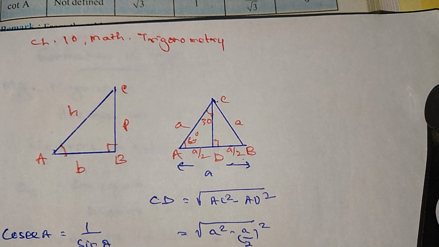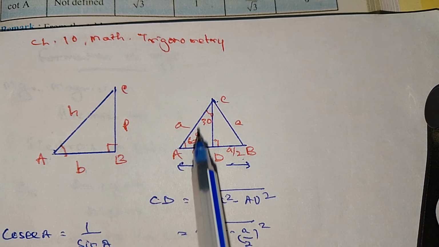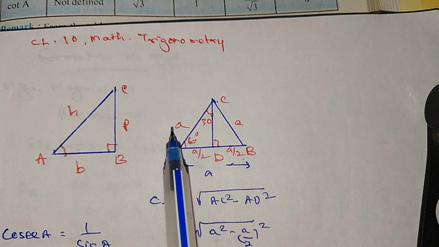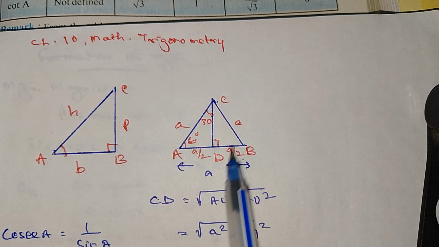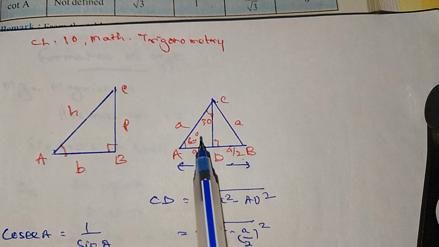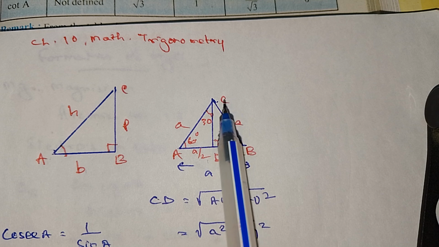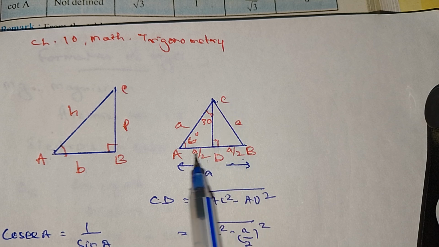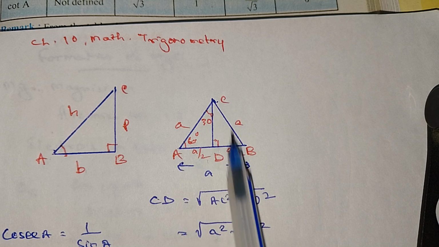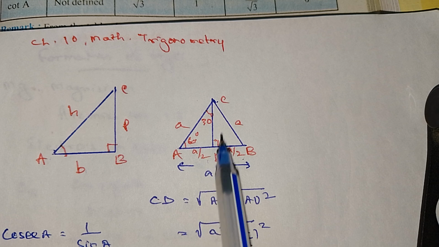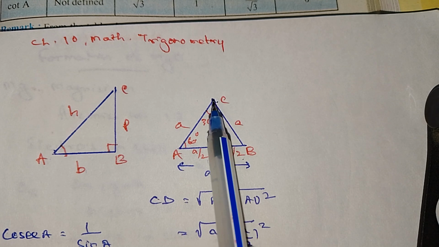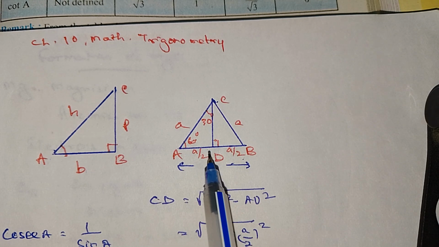Then in the second triangle, we'll take an equilateral triangle where the sides are A, and we'll draw a perpendicular from C over AB. CD is the perpendicular and ADC is a right angle triangle.